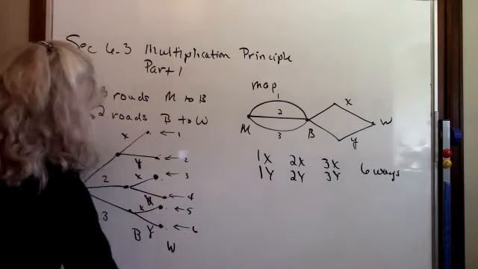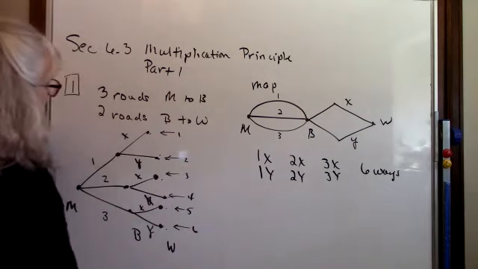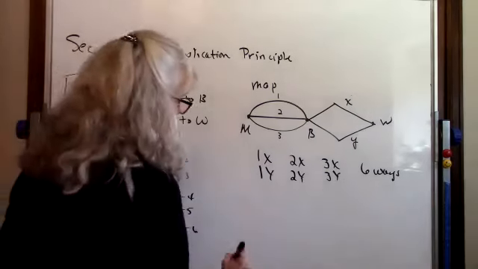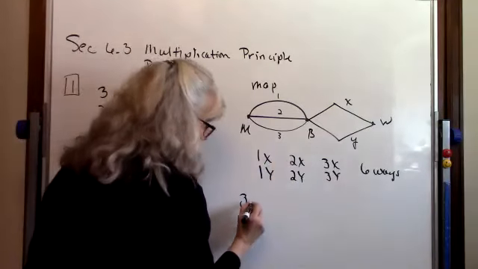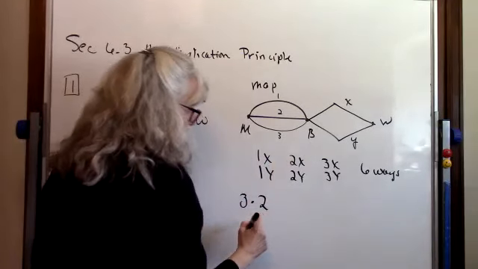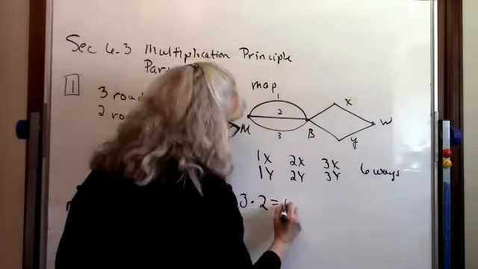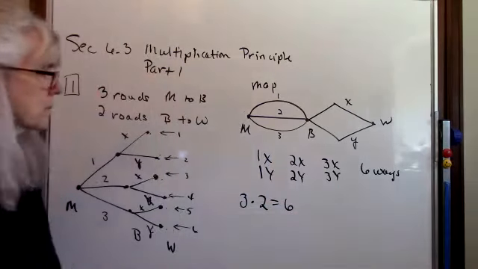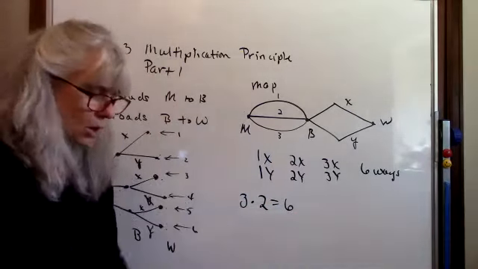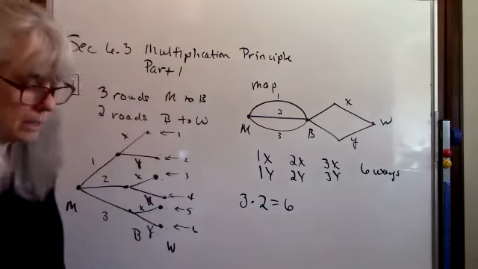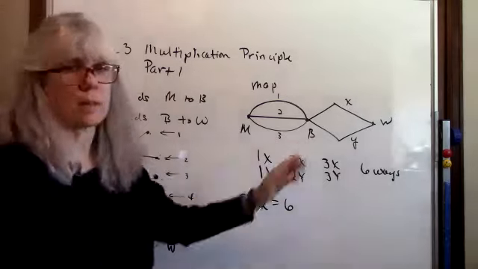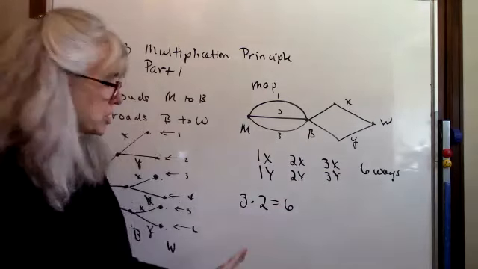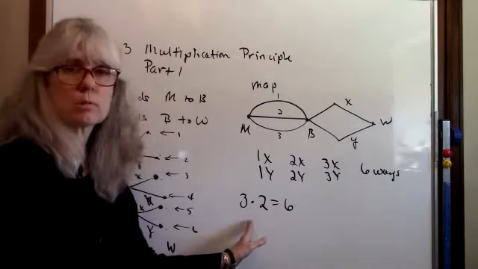The multiplication principle then tells us that if we take the 3 roads from Missoula to Bozeman and multiply that by the 2 roads from Bozeman to Waterton, we end up with 6 different ways. This last method is called the multiplication principle, and it simply says: suppose a task, such as going from Missoula to Bozeman, that's task 1, can be accomplished in N1 ways, which was 3.